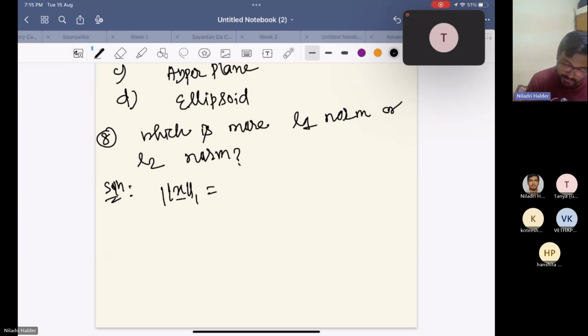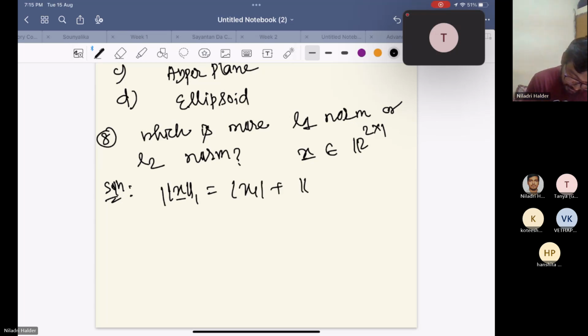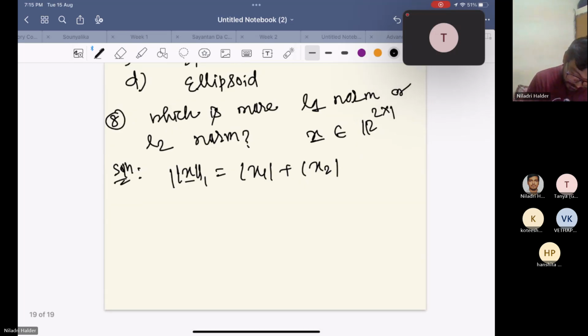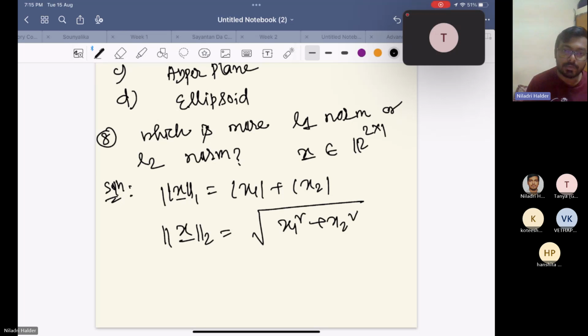Suppose there are two elements here in this case. Okay, suppose x belongs to R2. So then it will be easier to prove here. And this is the L2 norm. I'm going to show which is bigger from these two.